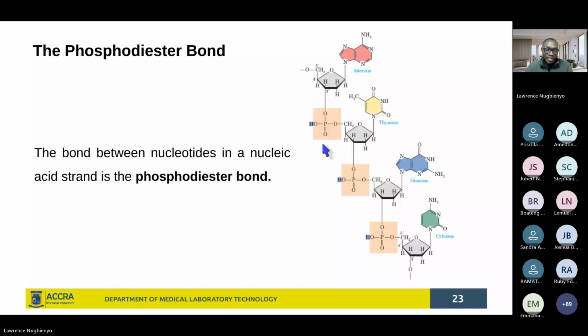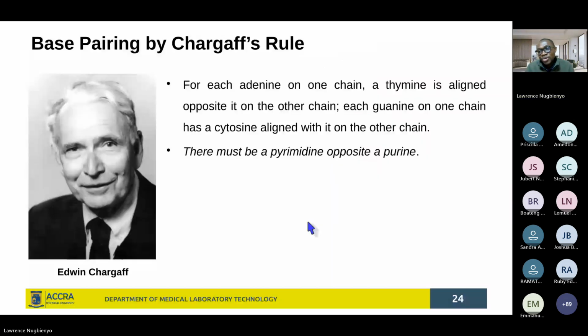All right. Now we move on to what we refer to as base pairing. So far we were talking about nucleotides that are binding to form a chain, and we say the bond existing between these nucleotides is a phosphodiester bond.